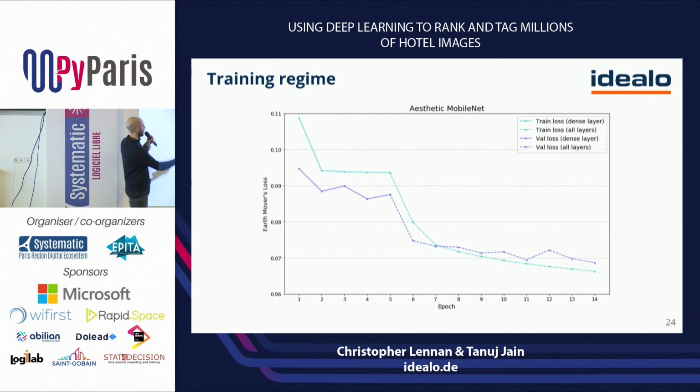The light bluish line is the train loss, and the purple line is the validation loss. You can see here that we train the dense layers for 5 epochs, up until this stage. Once the weights are burned in, we start training all the weights, and you can see that the loss goes down quite a bit by just nudging around the convolutional layers a bit.